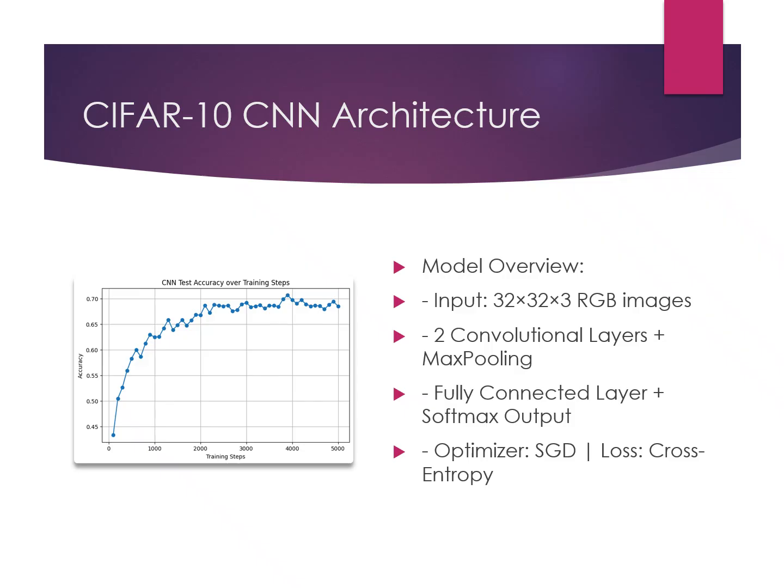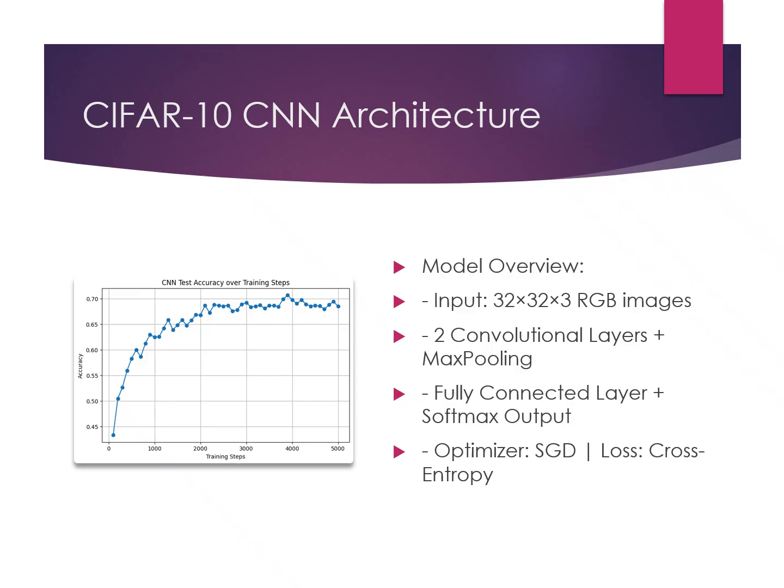This architecture is relatively shallow, which makes it efficient but limits its ability to extract complex features from high-dimensional data like CIFAR-10. For the training configuration, the optimizer I used is SGD, stochastic gradient descent, which is simple but slower to converge.